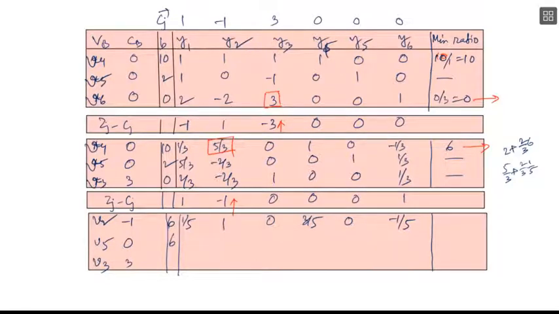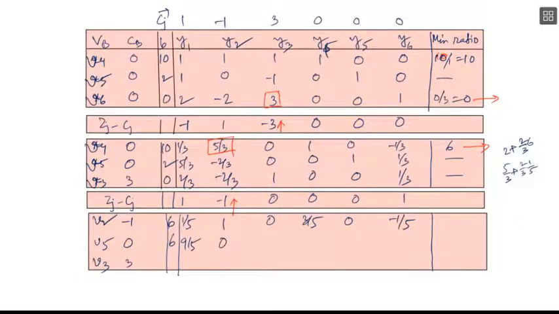I am to multiply the first transformed row with 2/3 and add to the second row. Yes, 5/3 plus 2/3 into 1 by 5, so it is 25 by 15 plus 2 by 15, so 27 by 15. 27 by 15 is 9 by 5. Yes, it's 9 by 5.